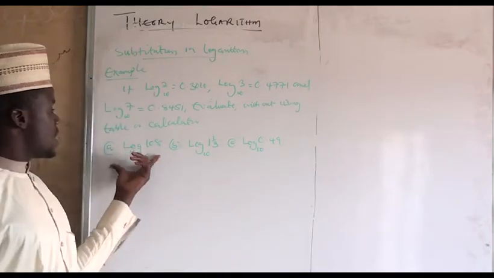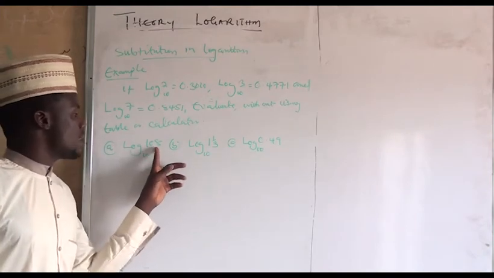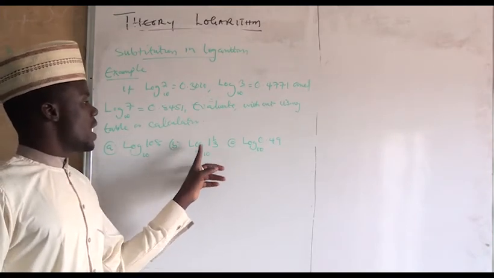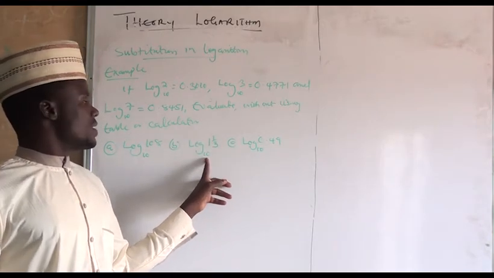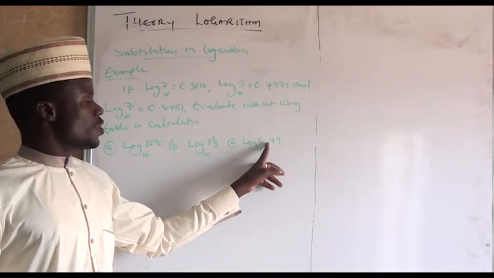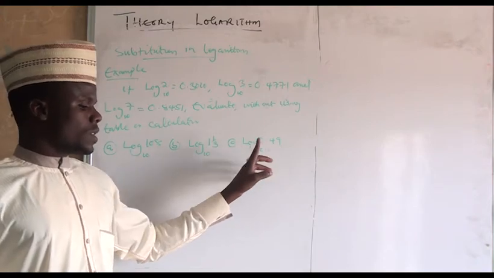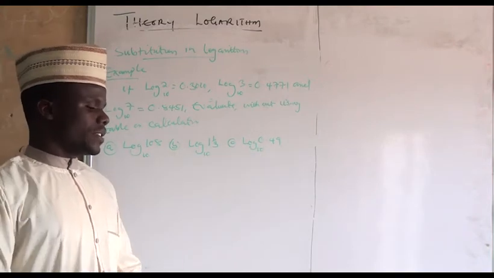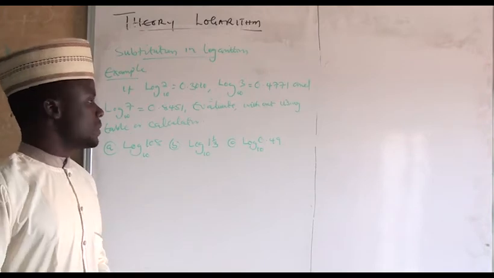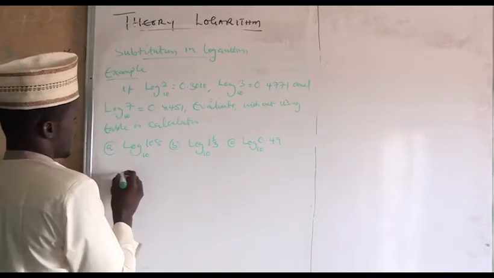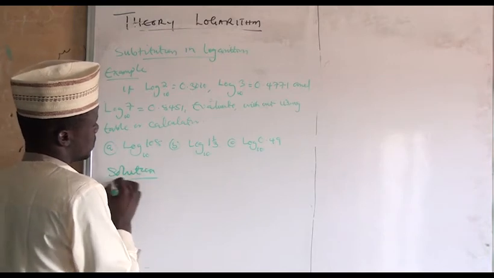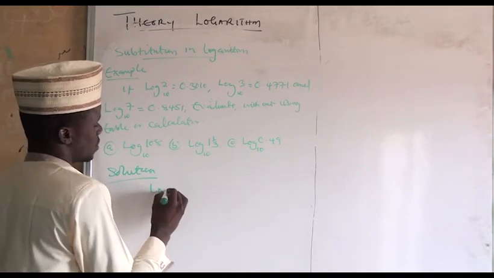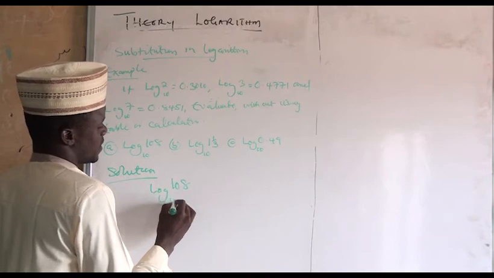So here we have an example. We said A, we have log 108 base 10. B, we have logarithm of 1 over 3 base 10. Then here we have logarithm of 0.49, base 10. So here we can now take the solution of A. That is log 108 base 10.